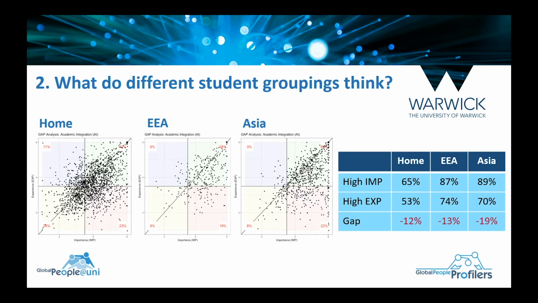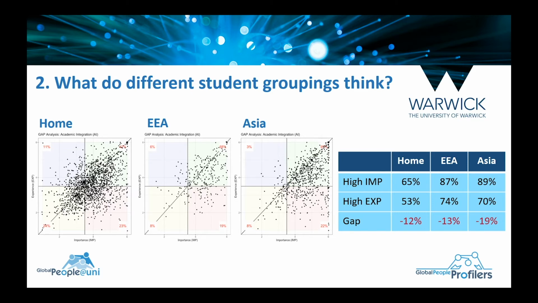That's a big difference. Then if we look at high experience, 53% of home students feel they're experiencing academic integration, 74% EEA and 70% Asia.